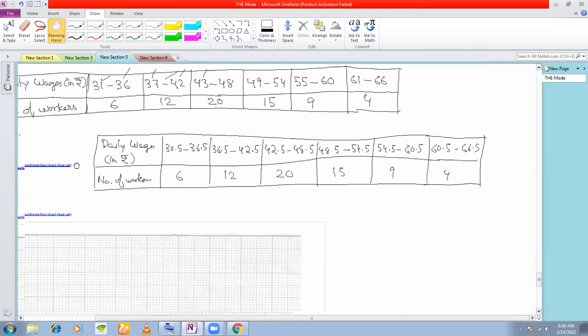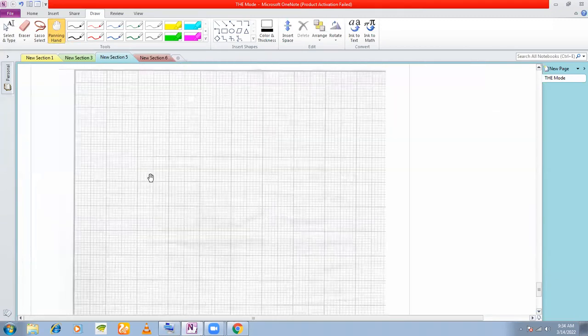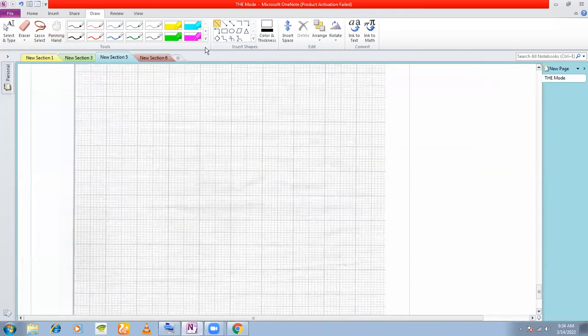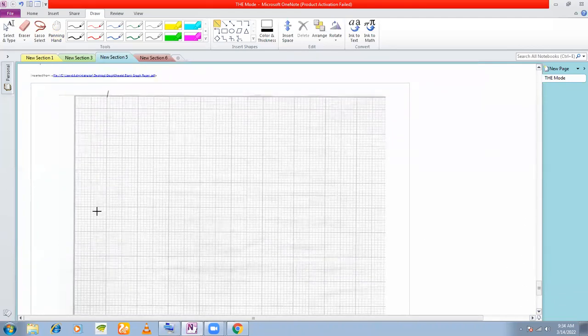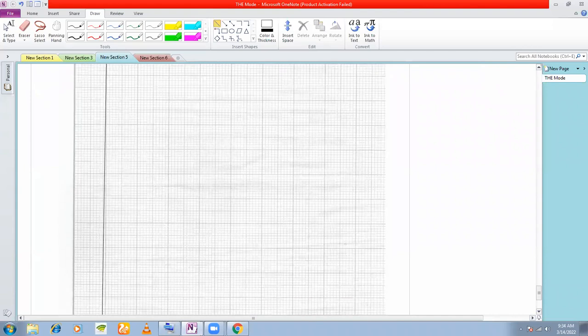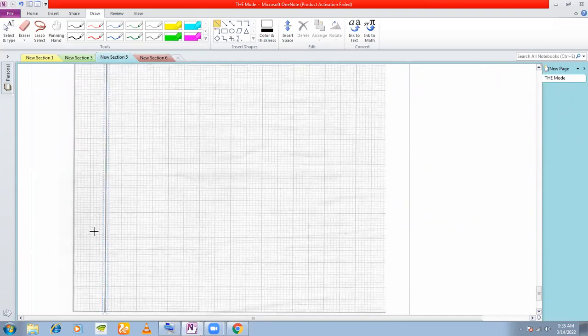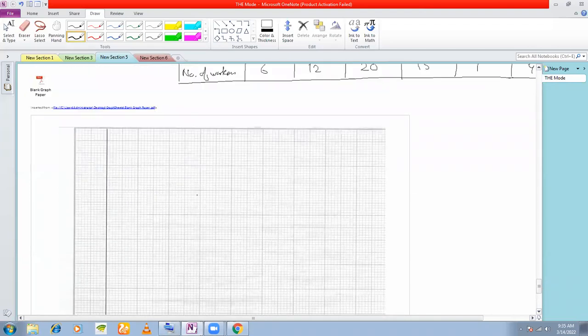Now we are going to plot this on the graph. Okay, so let's draw the axis first. This is your y-axis, x-axis, origin, right?